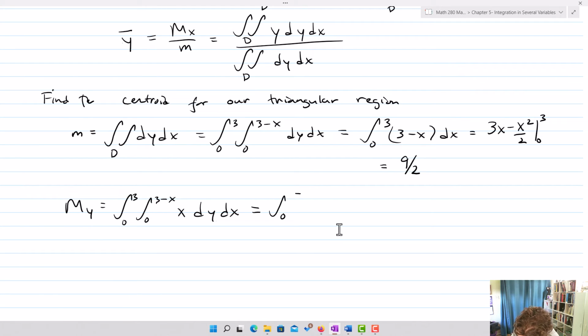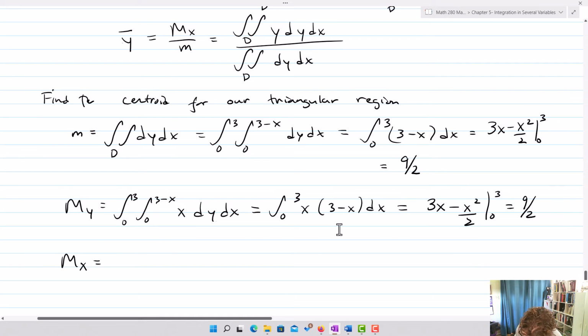So it's 0 to 3, x times 3 minus x dx, which ends up equaling 3x squared over 2 minus x cubed over 3, evaluated from 0 to 3, which is 9/2.